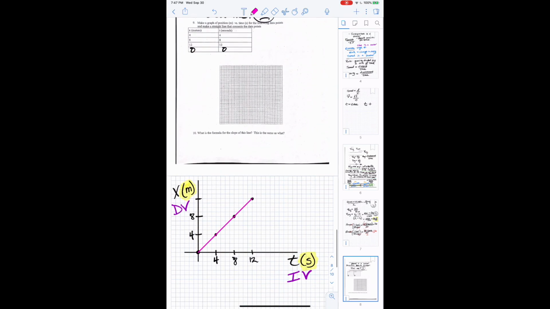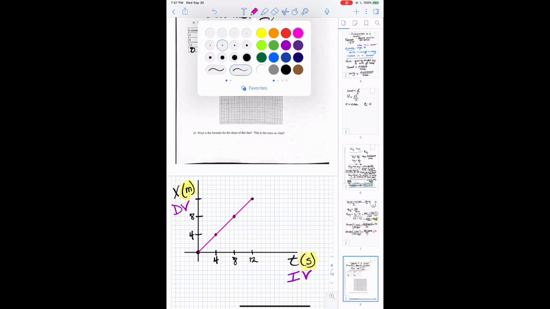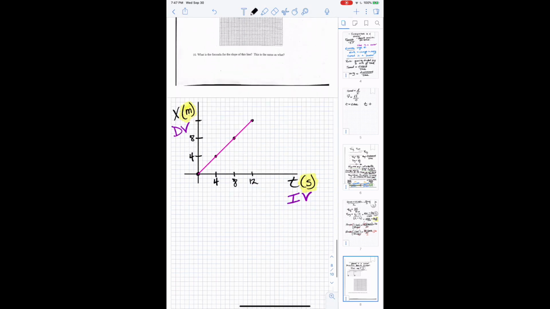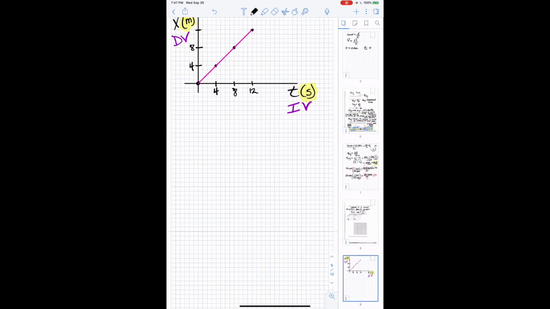Well, let's go to this next question, question 10. What's the formula for the slope of this line? In math class, we had the equation of a line, which was y equals mx plus b, where m was the slope and b was the y-intercept.